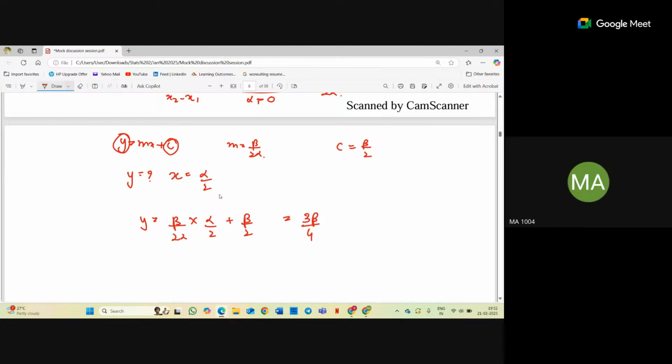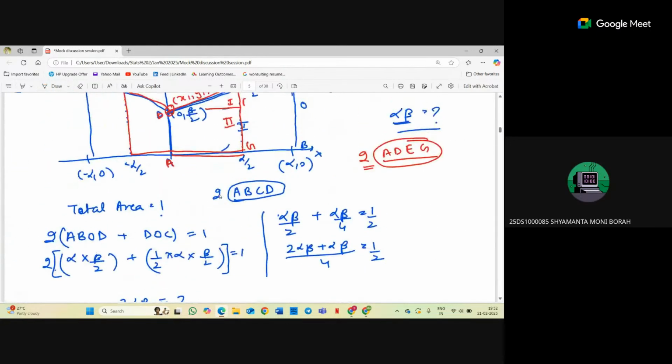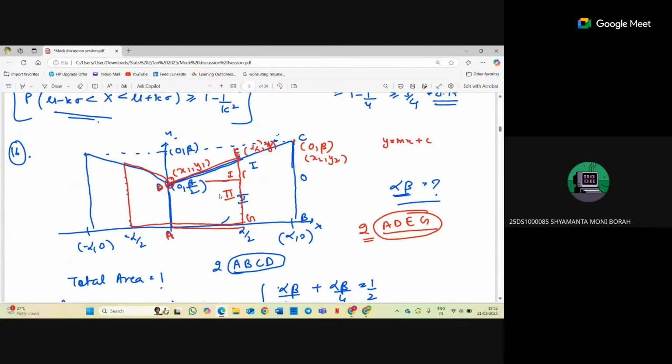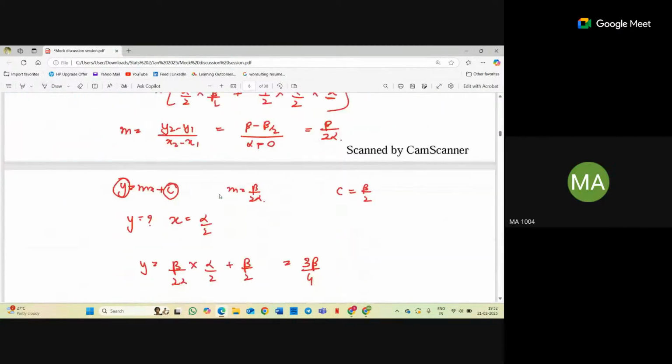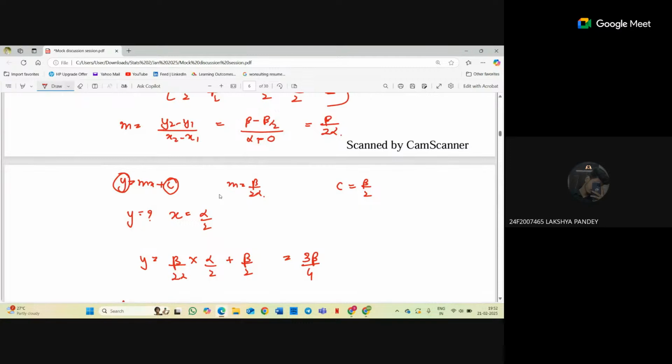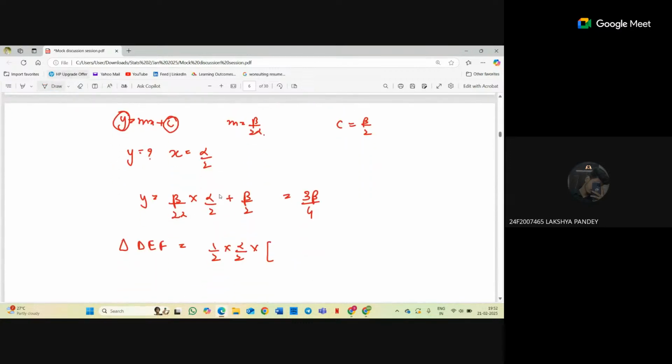Now my area of triangle would be half into base into height. What will be my height? The value of y is 3 beta by 4, and 3 beta by 4 minus beta by 2, right?